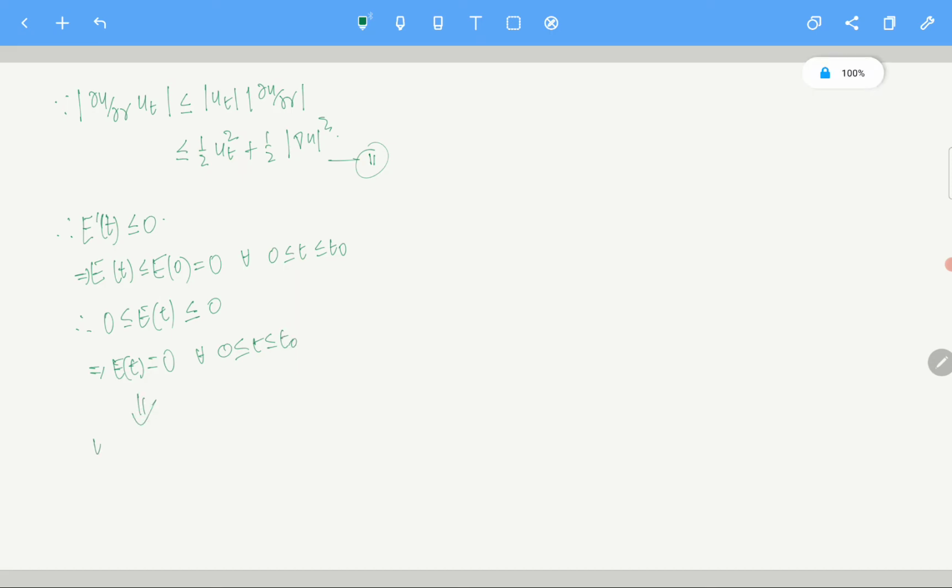That u_t, which is a real number, is identically 0, and gradient of u is identically 0; this 0 is a vector. So u is identically 0 within the cone K(x0, t0).